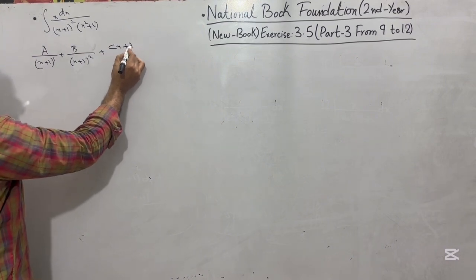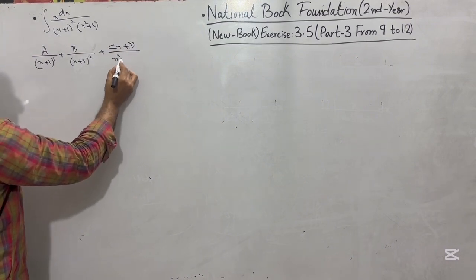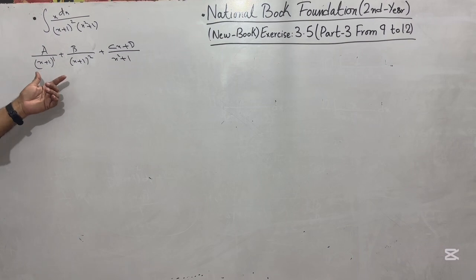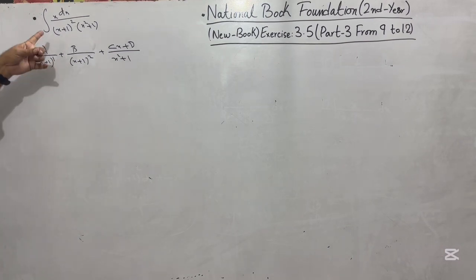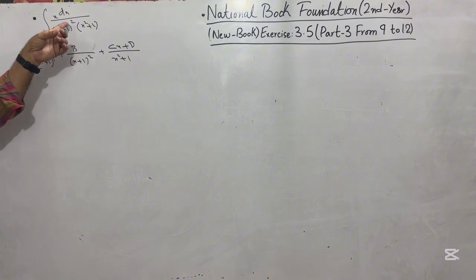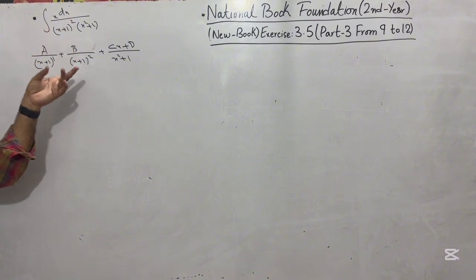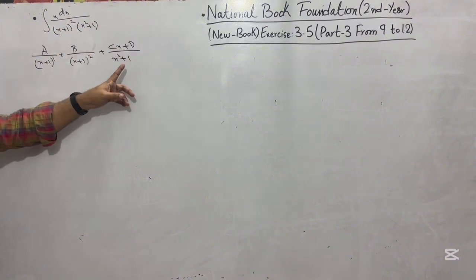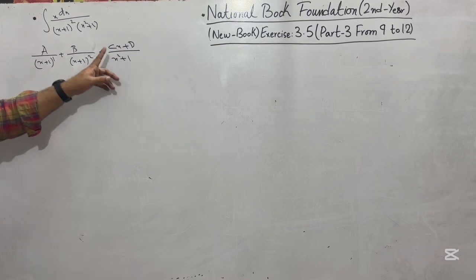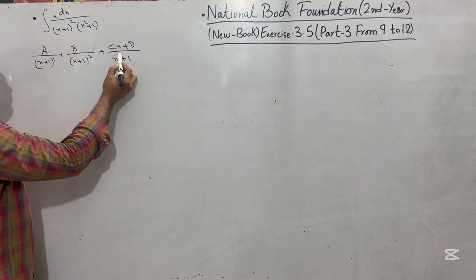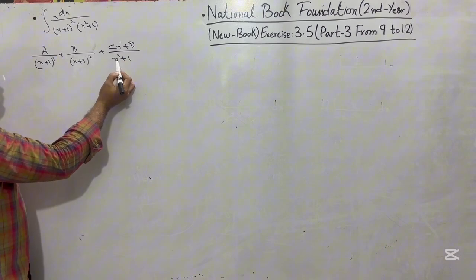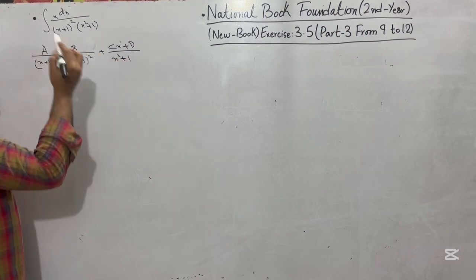Its partial fraction is given by cx plus d over x square plus 1. That is the strategy behind linear and repeated roots up to 1, 2. If there would have been 3, I would have written 1, then 2, then 3. And that is the policy behind quadratic irreducible, because the difference of the degree must be 1.